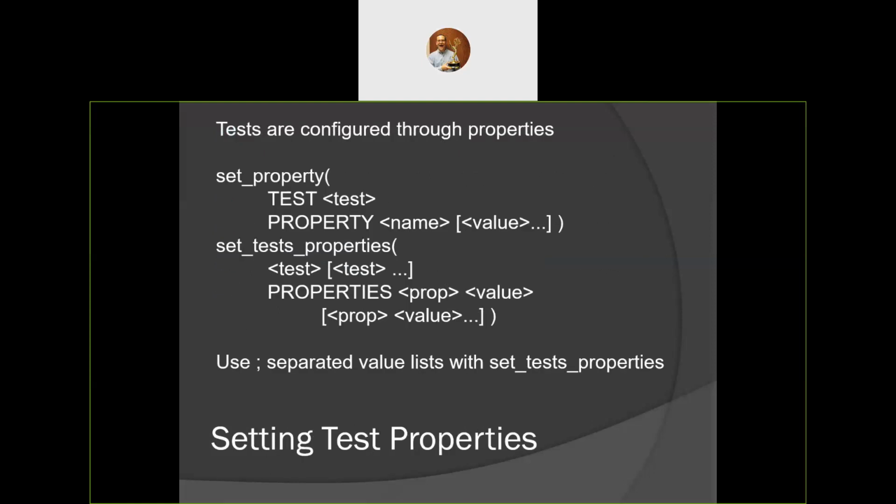And just like everything else in CMake, tests are configured through a set of properties. You can either use the set property form with the test keyword, and that form is useful for setting properties that take lists of values, because you don't have to worry about formatting the lists of values as a semicolon separated string.